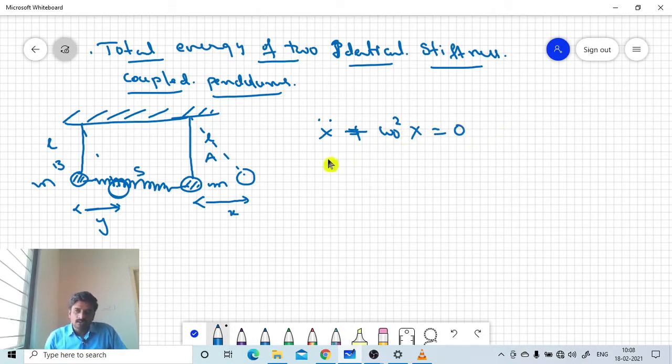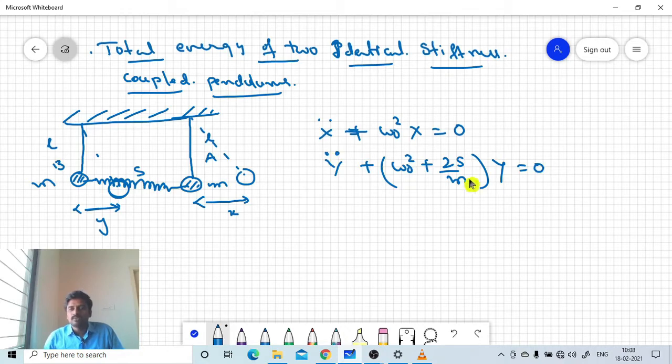Another one: capital Y double dot plus omega naught square plus 2s by m into capital Y is equal to 0. These are the two differential equations when the two identical pendulums are connected with spring constant S, and displaced with X displacement for the first pendulum and Y for the second.